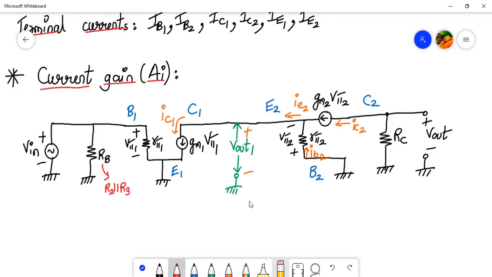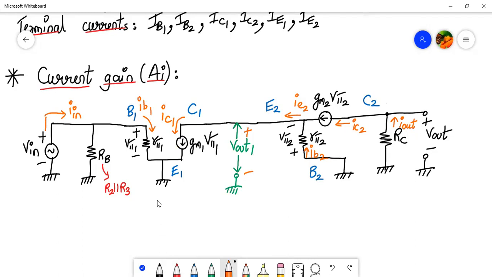So here we call this current I out, let me use orange color for marking the currents. This is collector current, this is base current, this is emitter current, that is fine. This collector current will be IB1, all right. And this current over here will be I in. Fine, so we have marked the various currents.